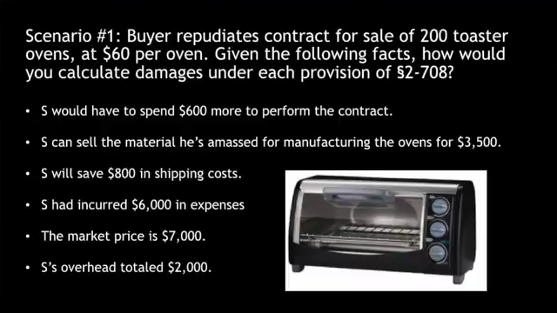Smergo has incurred $6,000 in expenses at the time of the breach. Smergo would have to spend $600 more to perform the contract, and Smergo has allocated overhead at $10 per oven, for a total of $2,000. What would damages look like under 2-708(1), and what would they look like under subparagraph 2-708(2)?